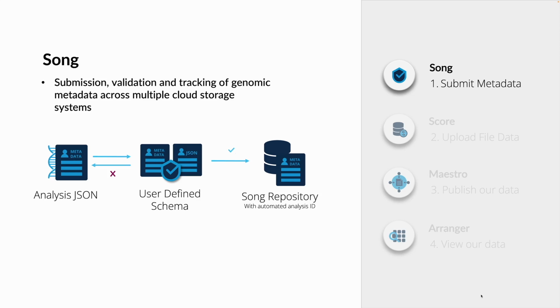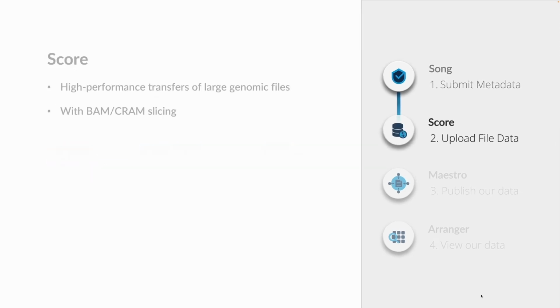If the analysis JSON is formatted correctly, it will then pass through Song and get committed to the Song repository, where it will generate an automated analysis ID. Our next step is to then generate what's called a manifest, and this is going to be done through Score. So we're looking at the file upload process.